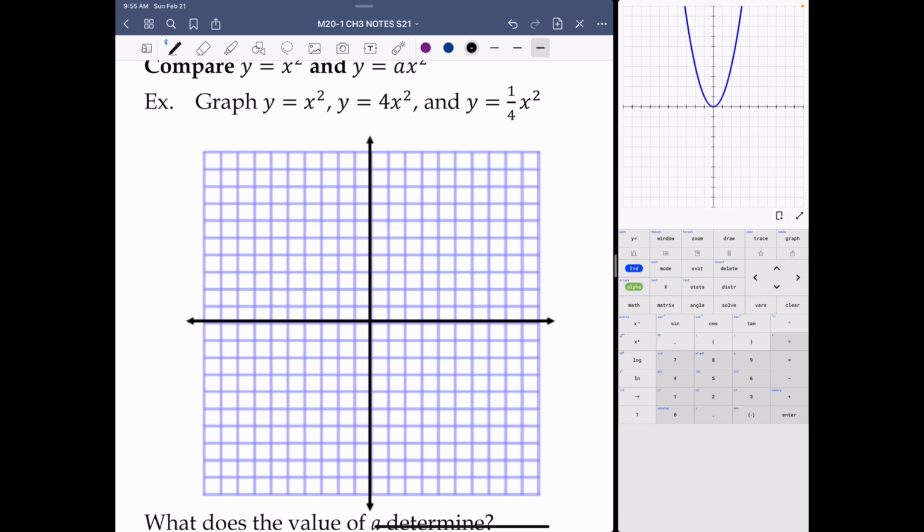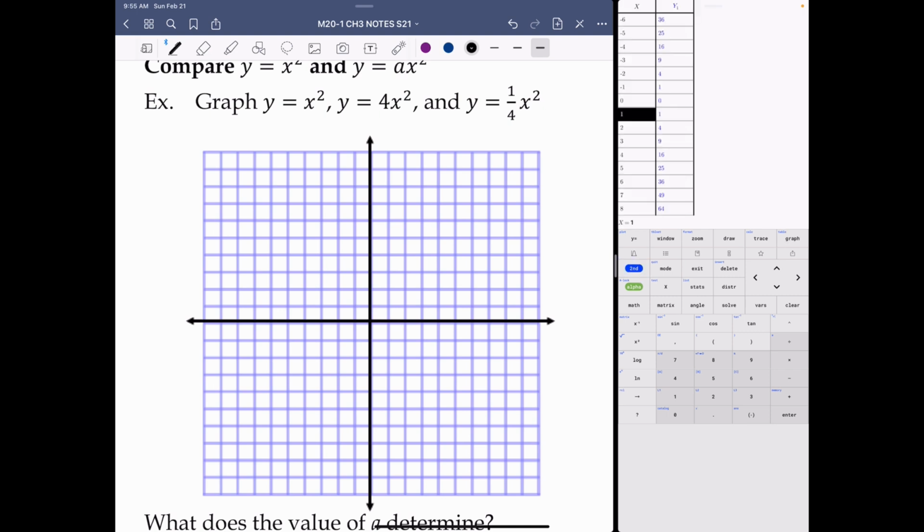We can use our table again, but we should be pretty good at this one. We have a vertex at 0, 0. At x equals -1, y is 1. X is -2, y is 4. X is -3, y is 9. And x is +1, y is 1. X is +2, y is 4. X is +3, y is 9. Join those points together. That's our graph of y equals x squared.